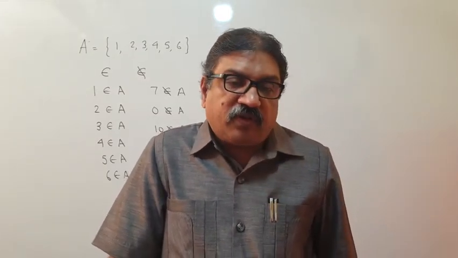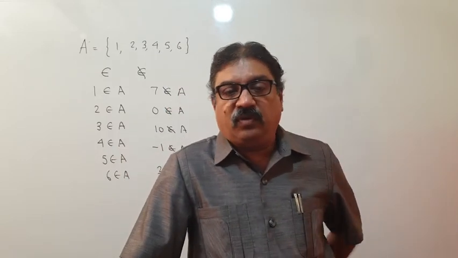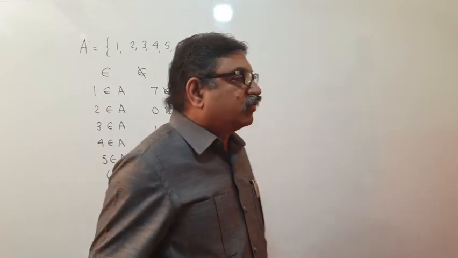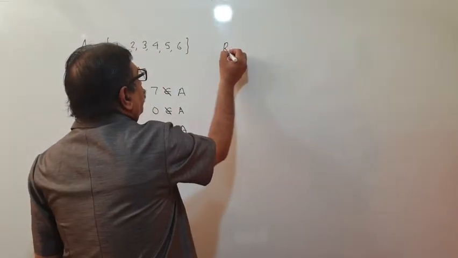Write the following sets in roster form. Now children, when we want to write sets, there are two methods to represent the set. One is the roster method, please understand.